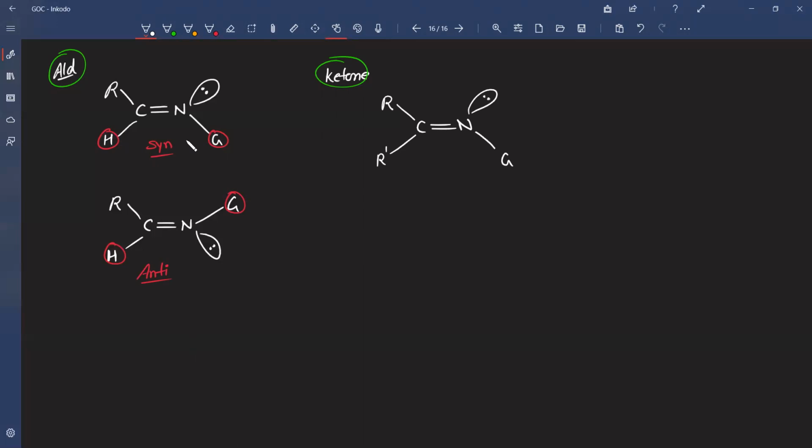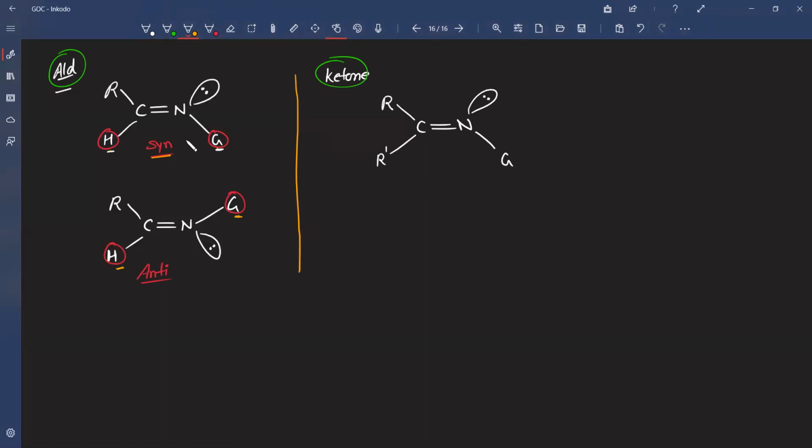So if you see the previous case, G, that is the group connected to nitrogen, and H. So H was fixed because it was coming from aldehyde. So that's why we took H and G, and it was with respect to G. With respect to G, H is in syn position, and with respect to G here, H is in anti position.